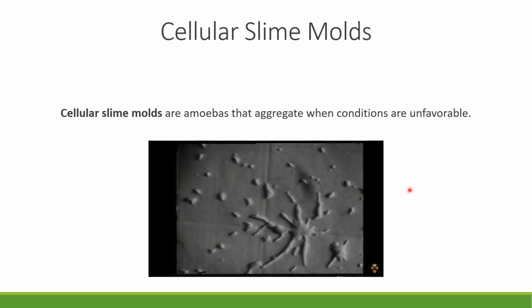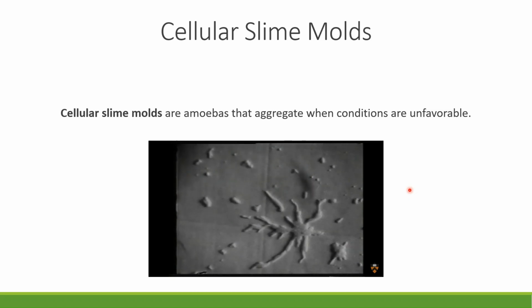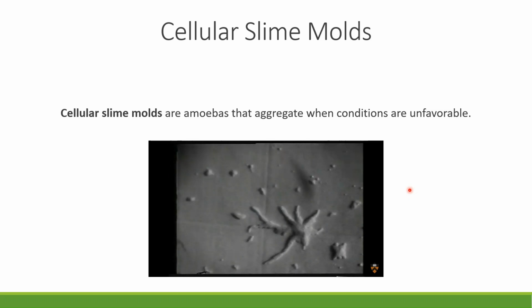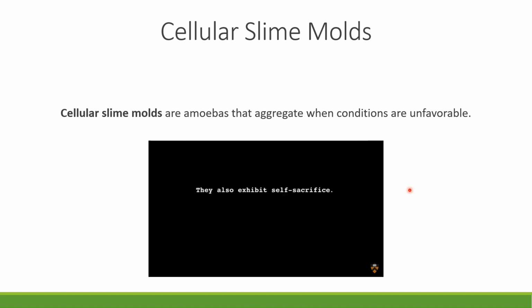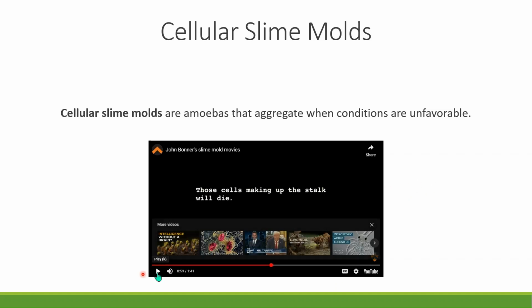So there's some sort of environmental trigger, maybe an autoinducer involved in this, and it's bringing these cells together. And what's really unusual, as it says here, they participate in something called self-sacrifice. So for some reason, some of these organisms are willing to give their lives and resources in order to allow others to survive.